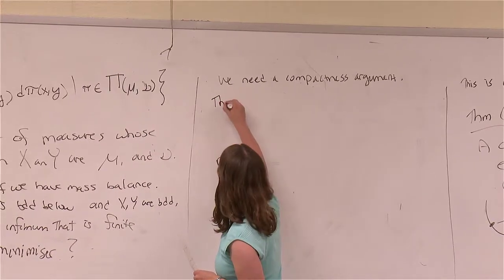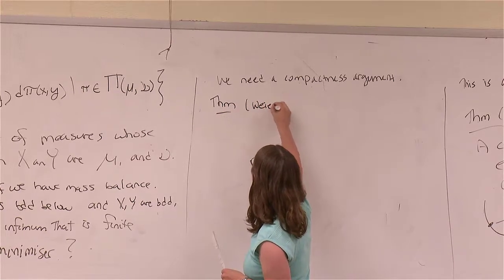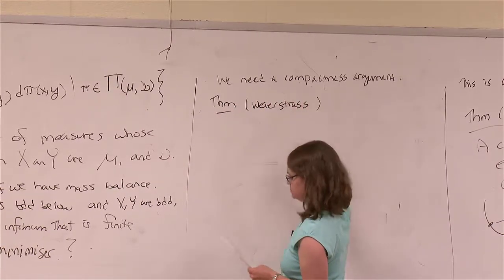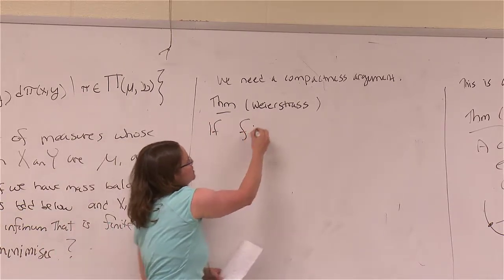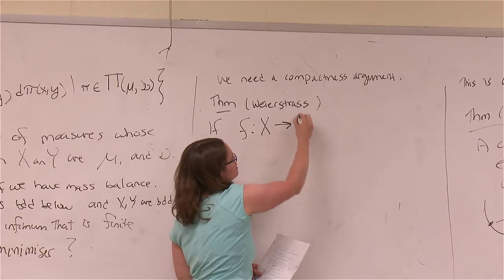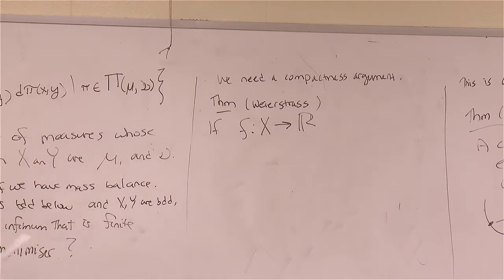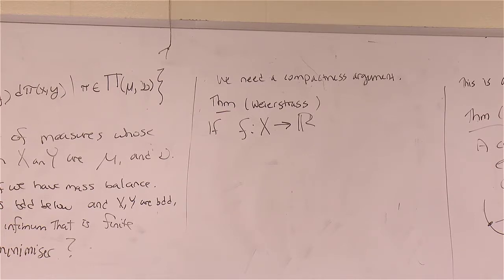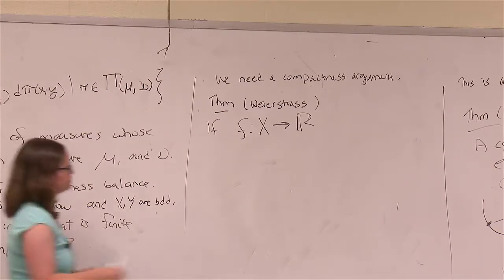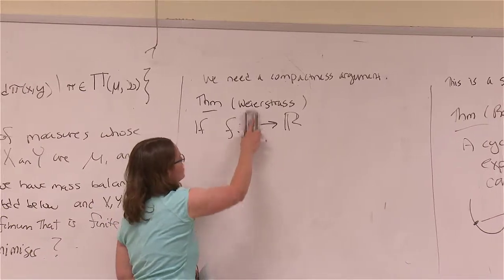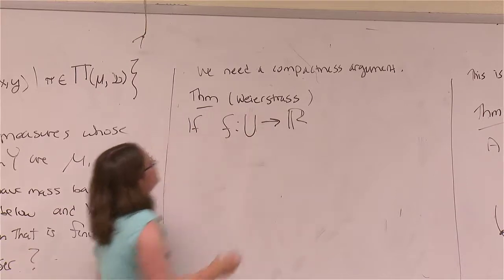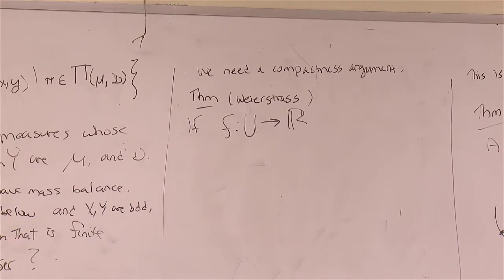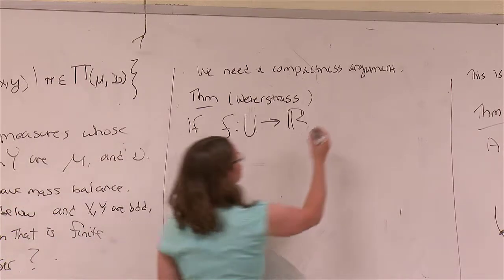So I'm just going to remind you of this. If we have a function that takes some space U to R, maybe I should not make this x, since this is not the same x as over there. We call it U. I'm going to assume this function is continuous.